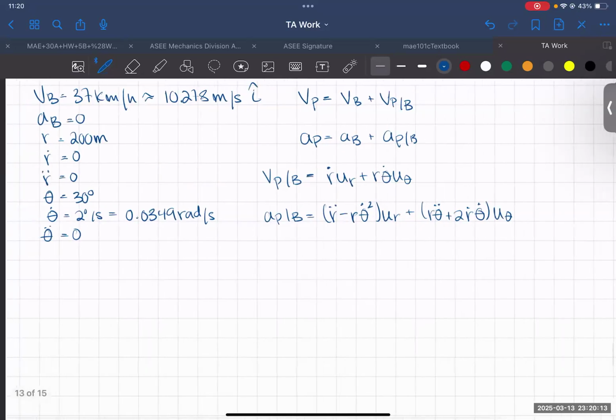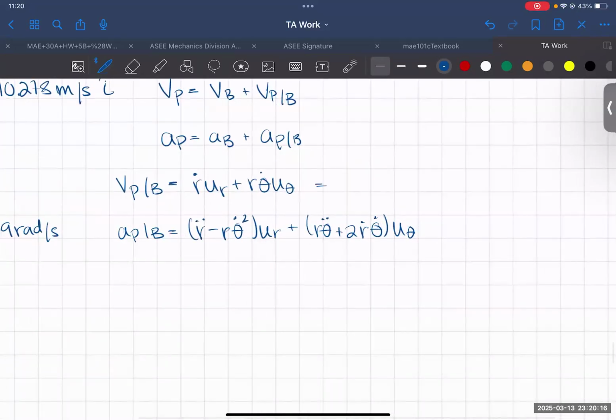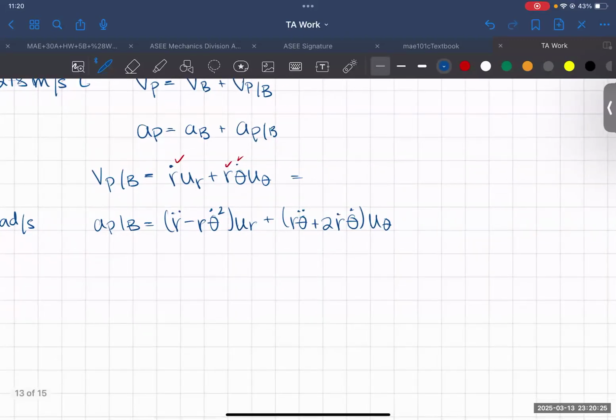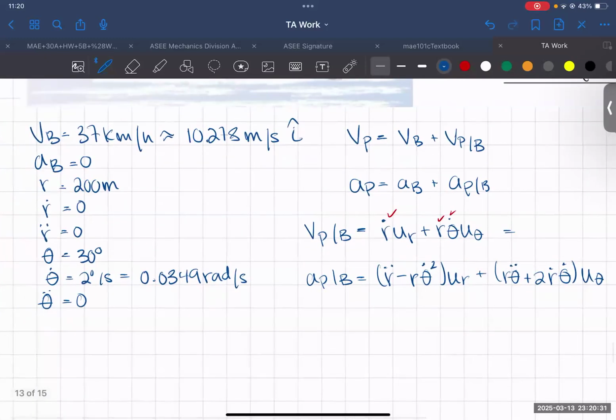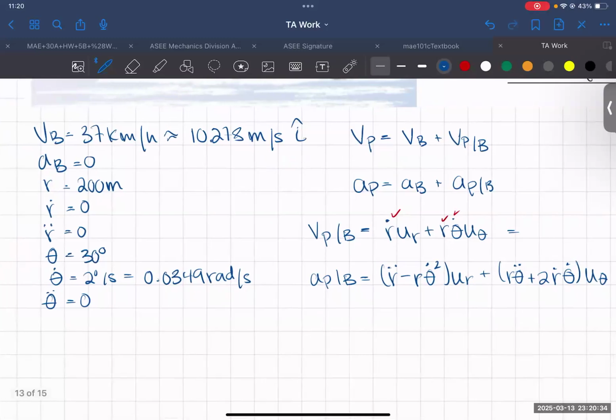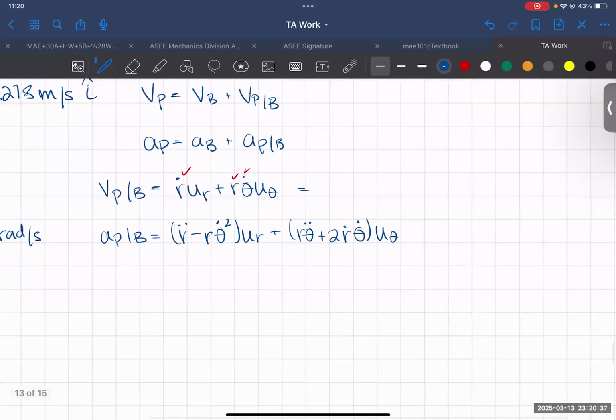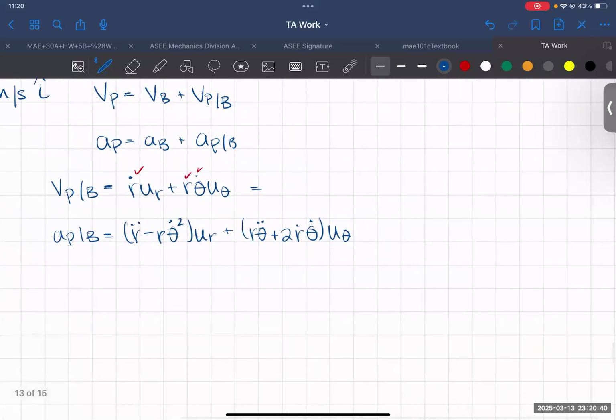So let's plug in the values from all of these givens. We know R dot is 0, so this term is going to be 0. R is 200 times theta dot, 200 times this, so we get 6.8981 meters per second.